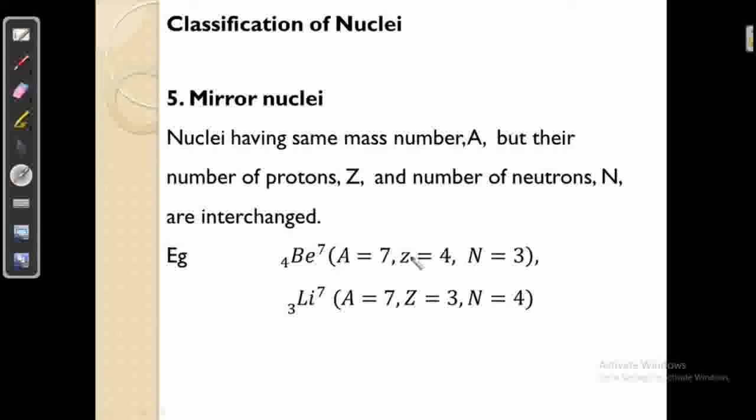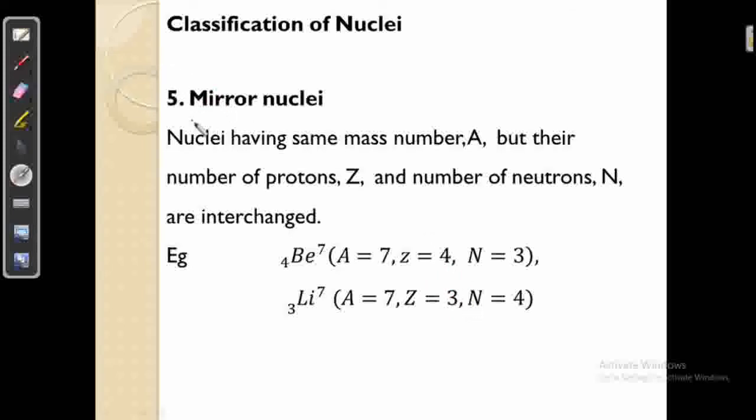So here Z equals 4 and N equals 3, while here N equals 4 and Z equals 3. That means the number of protons and number of neutrons are interchanged. In one element, the number of protons will be the number of neutrons in the other element, and vice versa.